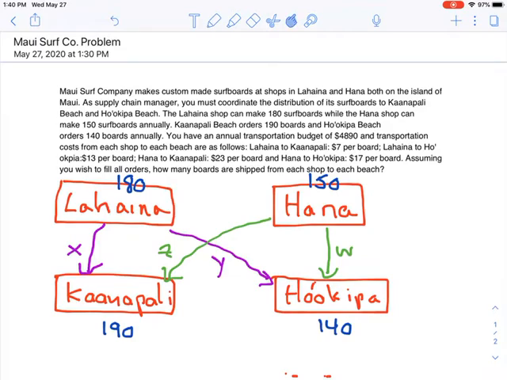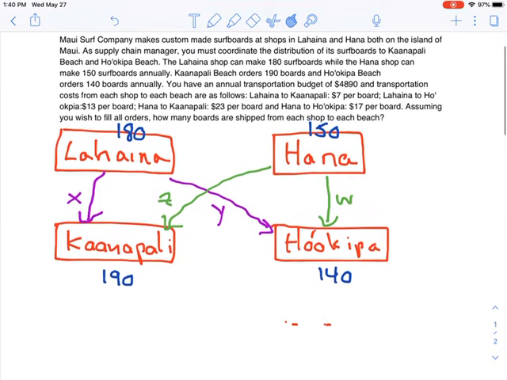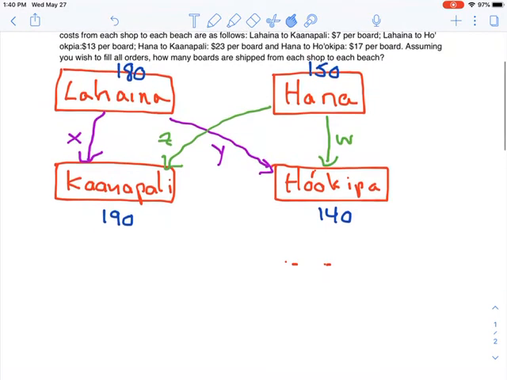So let's just scroll here a little bit. To come up with the equations, from Lahaina, we know we have leaving there X and Y, and the total of X and Y has to be equal to the 180.